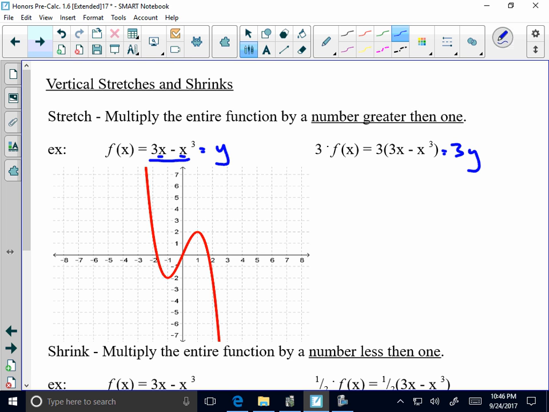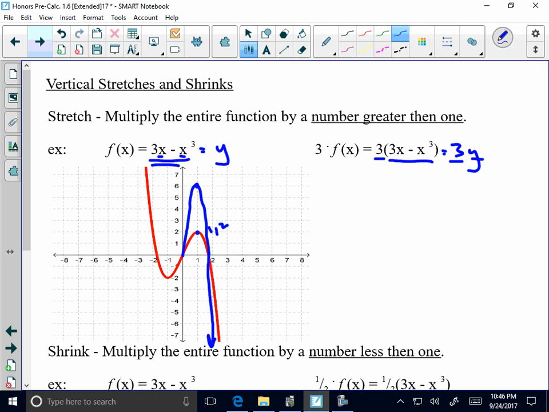So all of the y values defined by our equation are now multiplied by 3, right? And we get that ordered pair of 1, 2 vertically stretched all the way up to 6. So we're seeing the function value of 6 at the x value of 1, right?